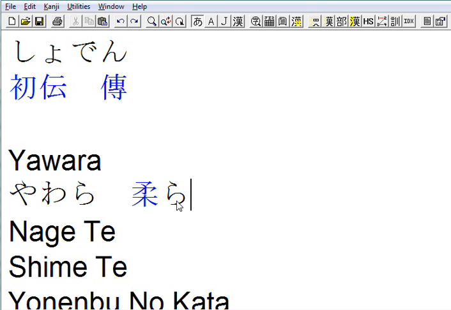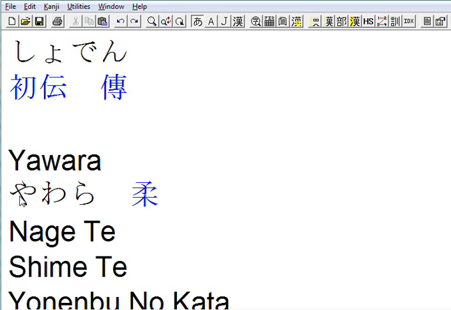So yawara. But if you just use this kanji here, this kanji is more often read as ju, which means gentle, and people think of judo or jujutsu. So that character, he didn't want to use that character for yawara because people might get confused with the word ju.